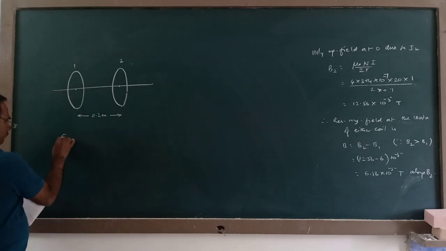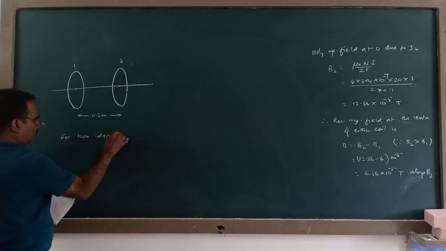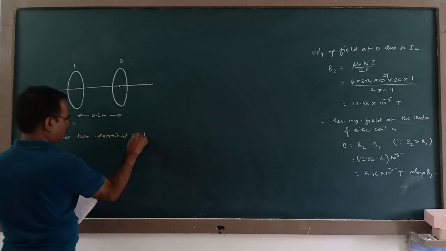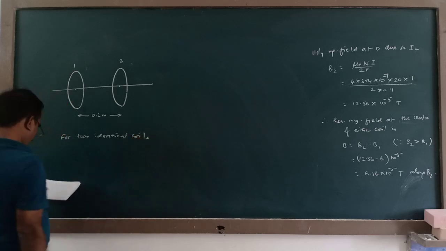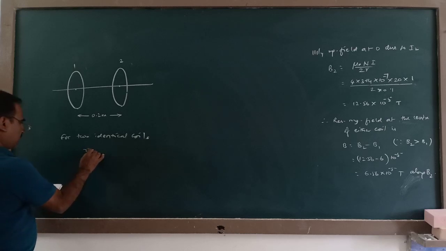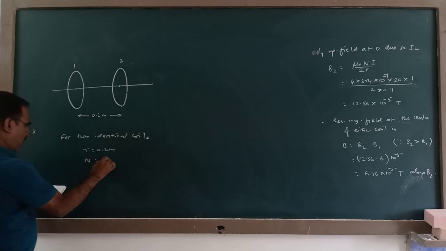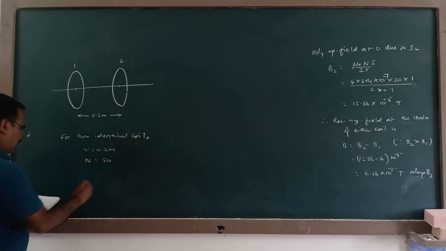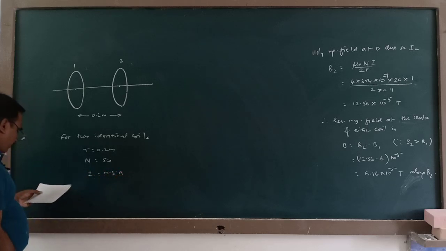So for two identical coils, radius is given 0.2 meter, number of turns 50, separation 0.2 meter, current is 0.5 ampere.